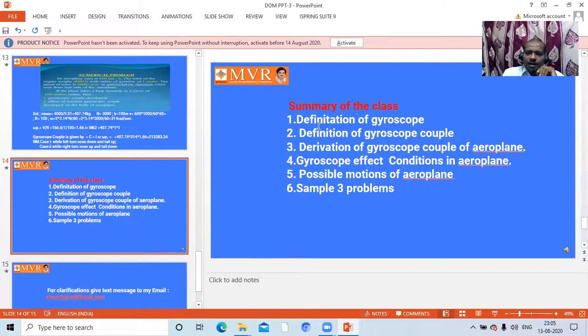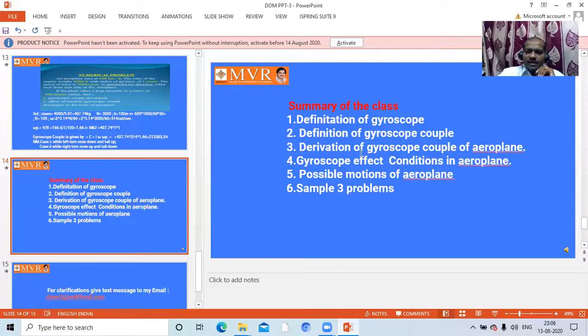Gyroscopic couple always acts opposite to the direction of the active couple or rotor speed. A gyroscope is a device that directs the spin precession axis of an object while the object is in a rotating state. The axis can be known by applying the right hand thumb rule.